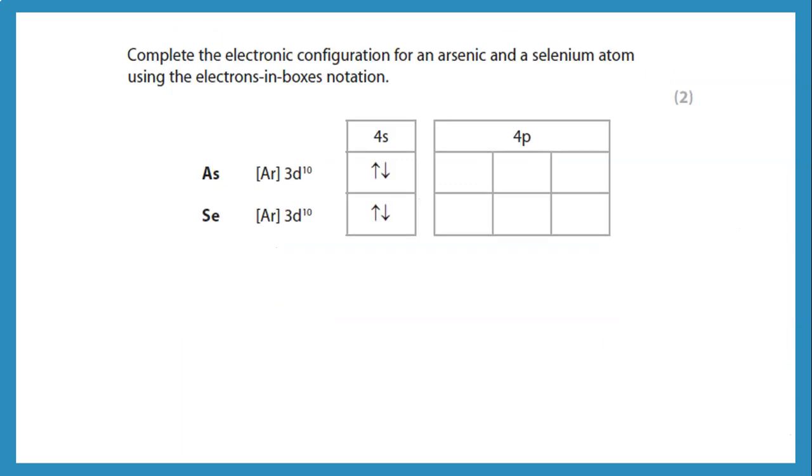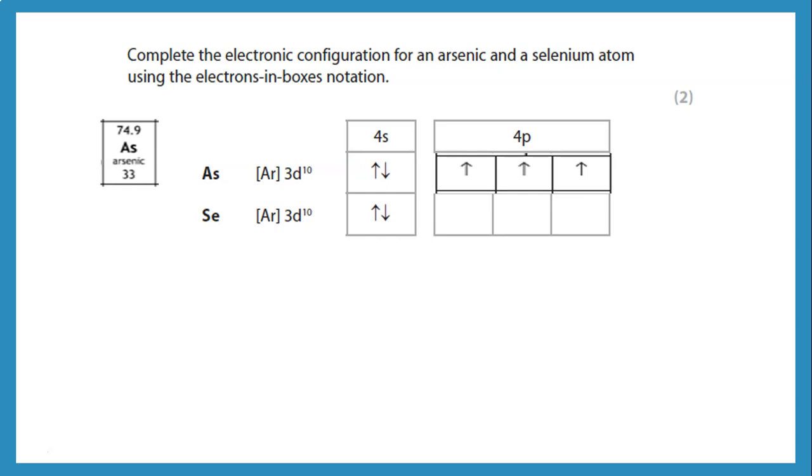Complete the electron configuration for arsenic and selenium. So let's see. Arsenic has 33 electrons. Remember we said when he puts argon between brackets, that means you have already distributed the first 18 electrons. So 18 plus 3d10, that's 28. 28 from the 33, I'm going to put 2 of them into the 4s and the rest go into the 4p.